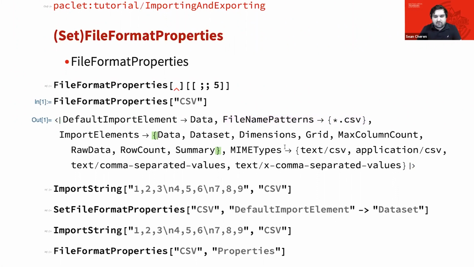You can get the import elements, which you already were able to do with the elements element. And then there's also MIME types. So the MIME types are information that you get in some kind of HTTP response or in an email that says this content, this payload is of a particular type and gives your system a hint so that it can interpret the content correctly.